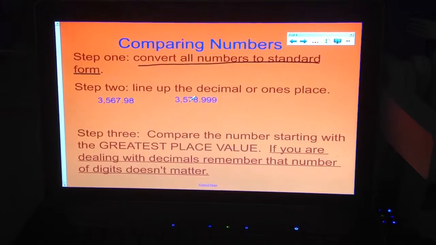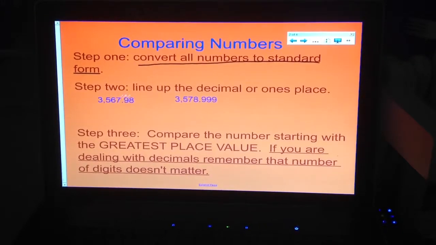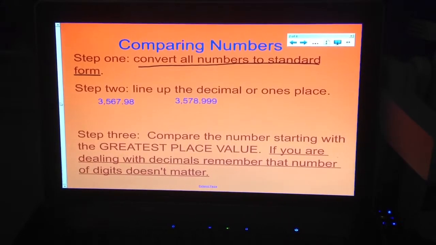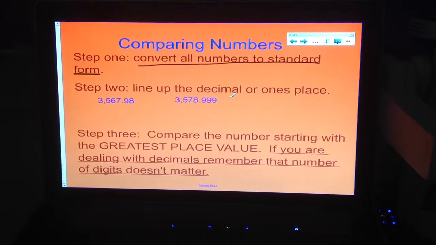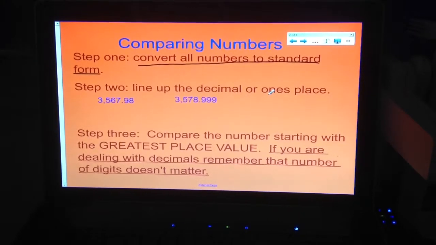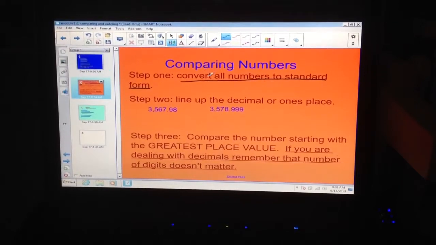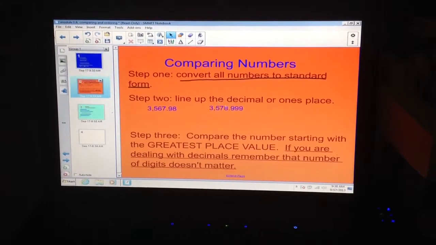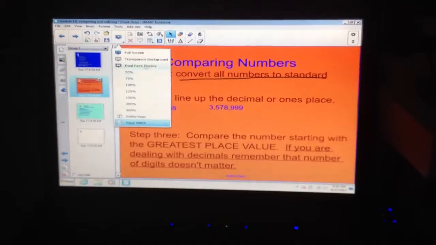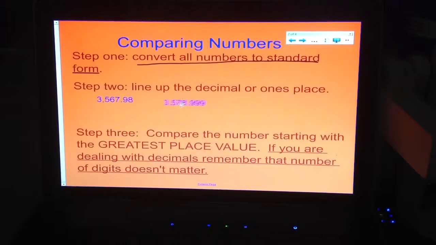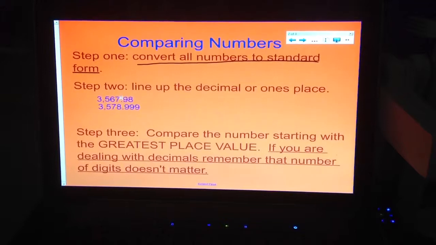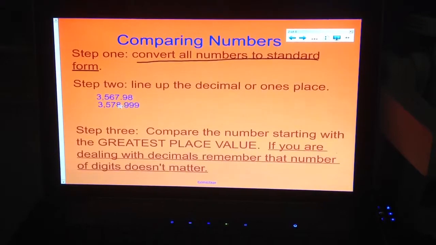Alright? Step two, you're going to want to line up your numbers. You're going to line up by the decimal, or if there's no decimal, you can line up the ones place. So let me just get rid of my... okay, so if I move this over, you can see that I'm lining up the decimal.